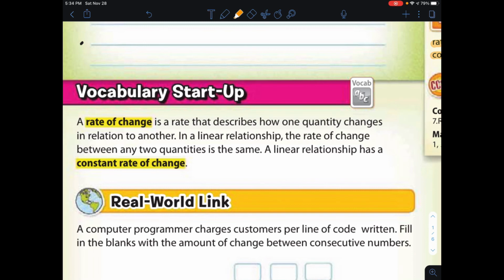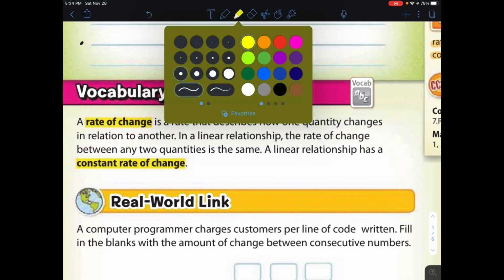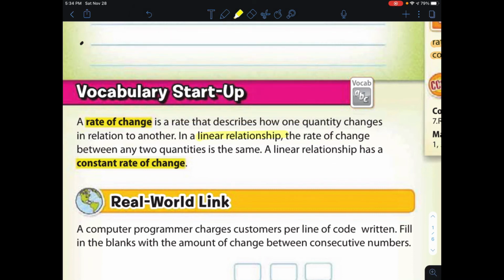Now it talks about something else, and we need to define that as well. When you talk about a linear relationship, what that simply means is that if I graph the relationship between my two quantities, and it forms a straight line, that means it will have a constant rate of change.